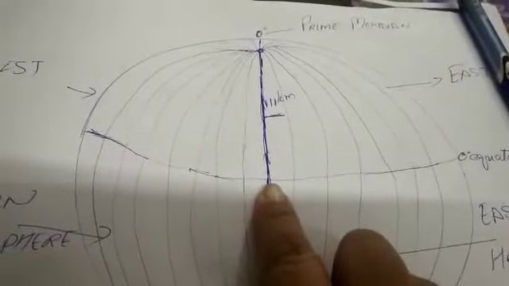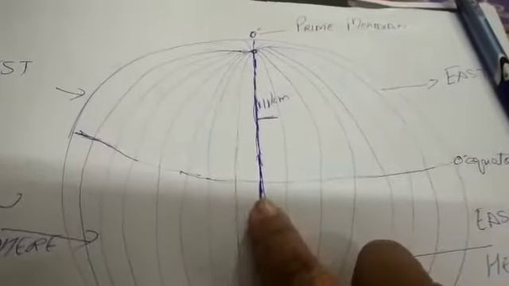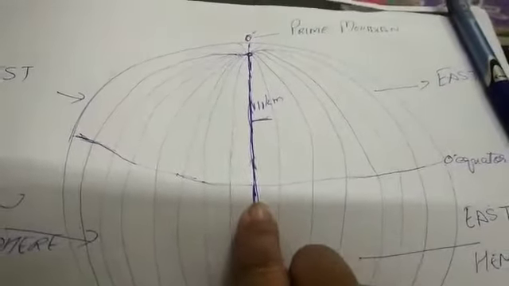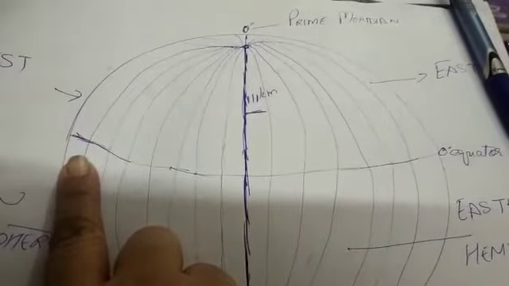When a person moves from the prime meridian toward the eastern hemisphere, they gain time, and when they move toward the west, they lose time.